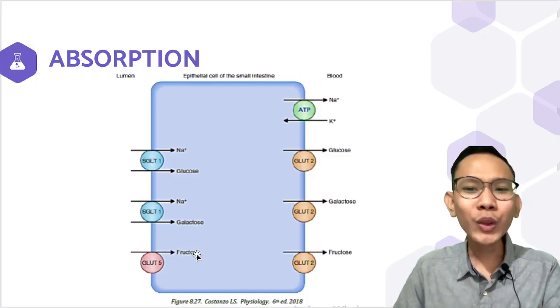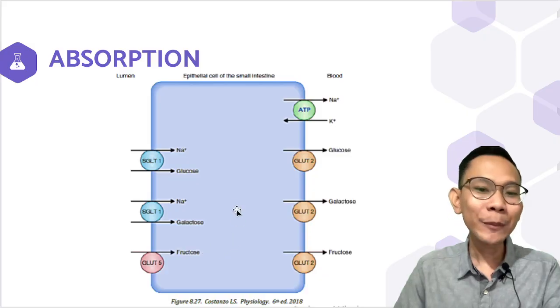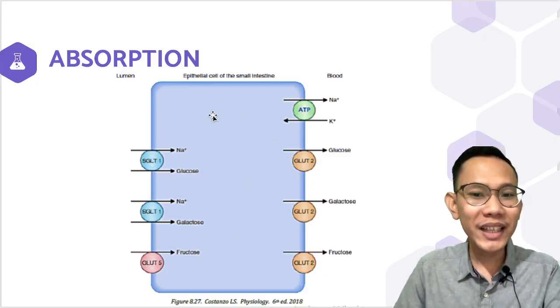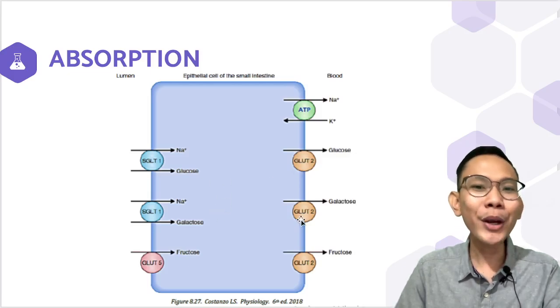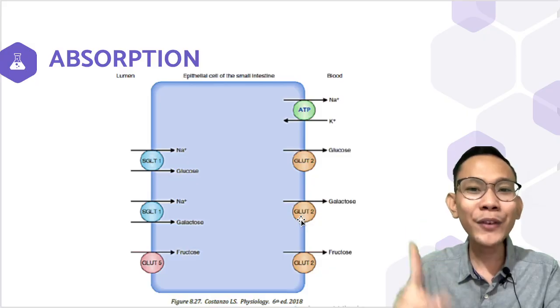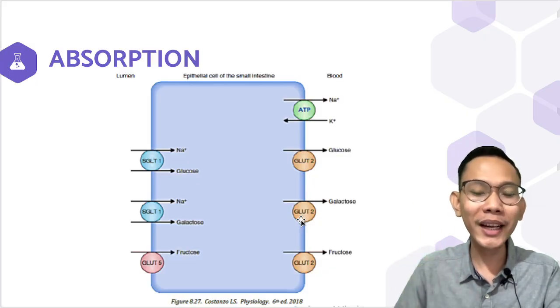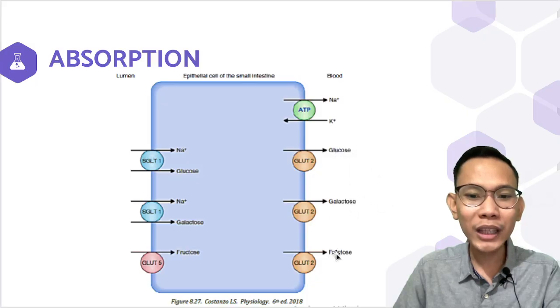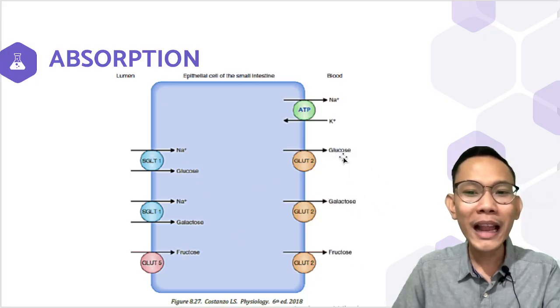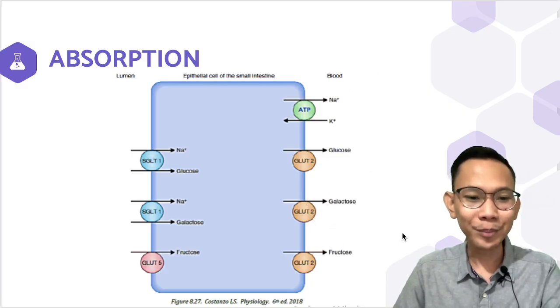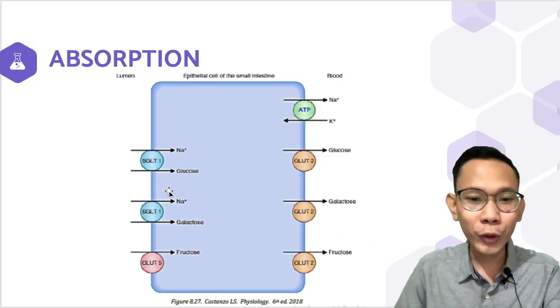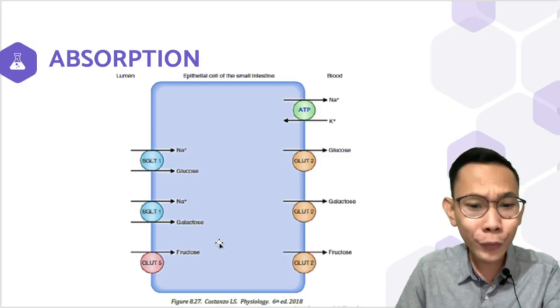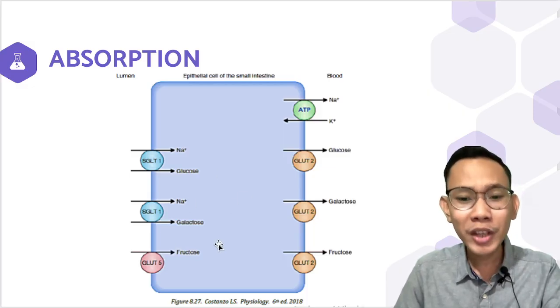Now, what will transfer the different monosaccharide inside your small intestine will be your GLUT2. Remember, your GLUT2 will transfer all types of monosaccharide, including your glucose, galactose, and fructose. So therefore, lalabas na siya, makakapasok na siya sa ating blood. Again, only your monosaccharide, your glucose, galactose, and fructose can be absorbed in your small intestine.